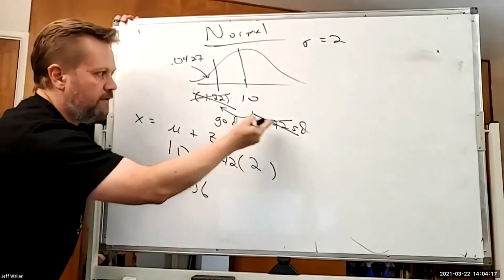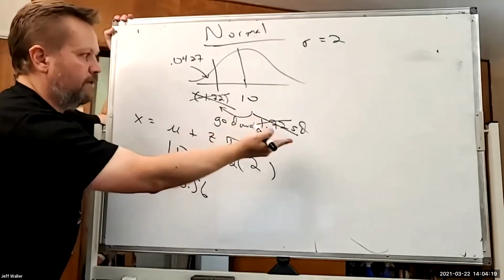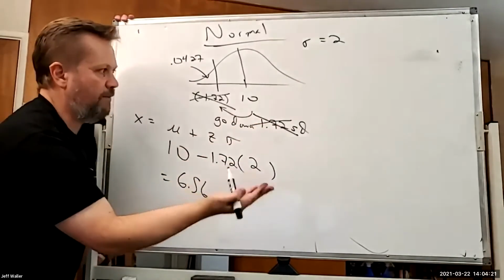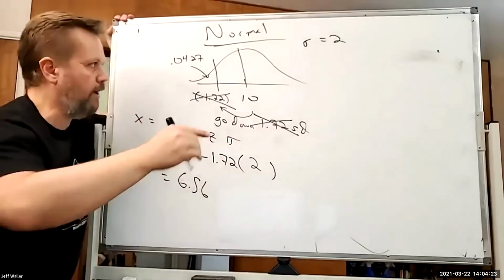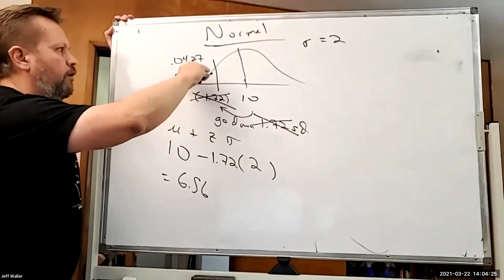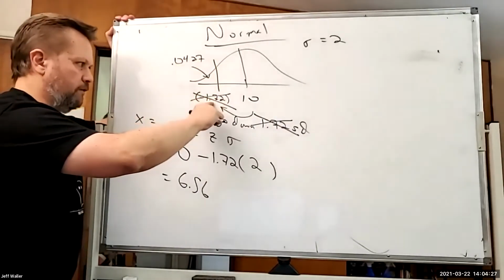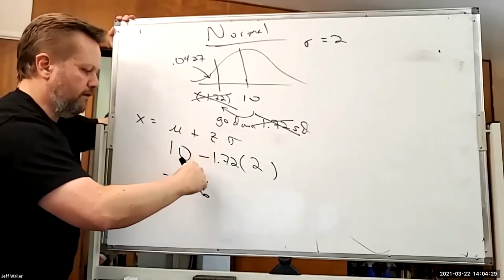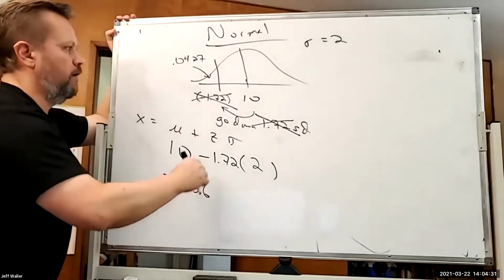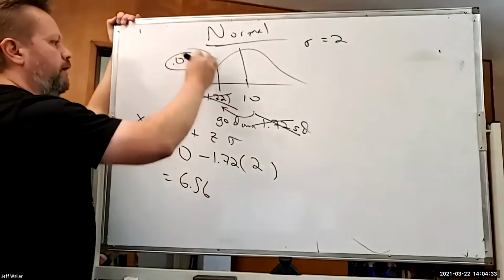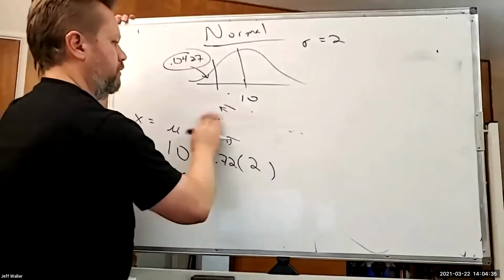If I give you the z-score, that's great. But I'm not always going to do that. I'm going to give you an area, which you then convert into a z-score, which you can then convert into a raw score.